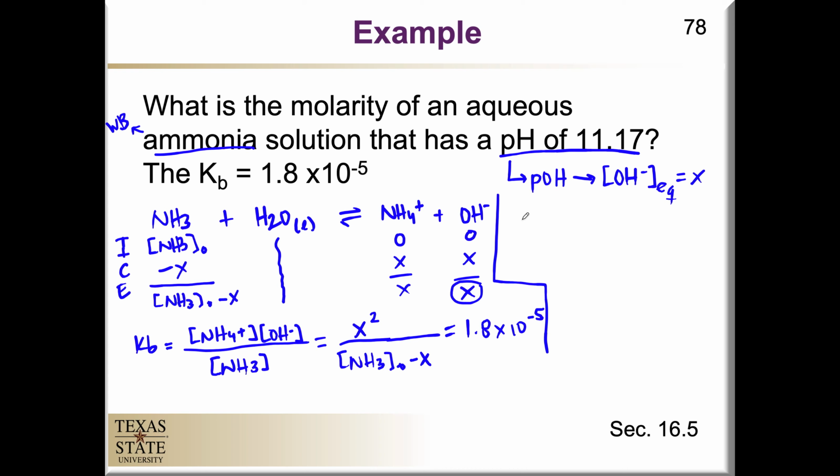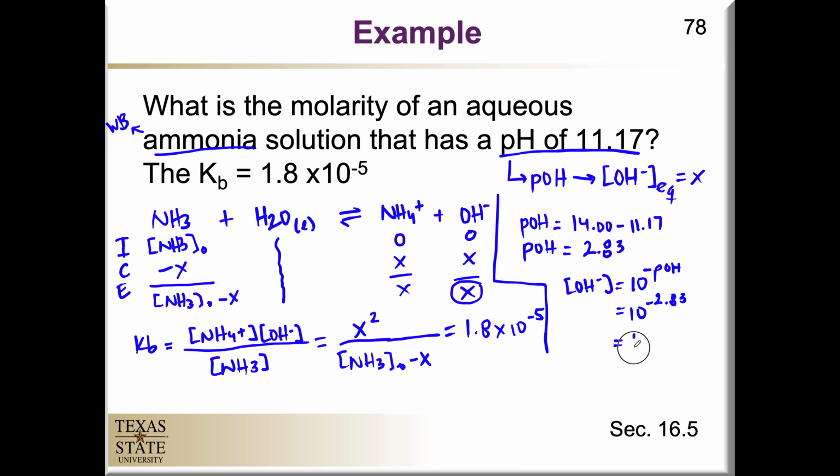We know that the pOH is equal to 14.00 minus the pH, which is 11.17. That gives us a pOH that is equal to 2.83. From there, we know that we can find the hydroxide ion concentration by doing 10 to the minus pOH, which is equal to 10 to the minus 2.83, from which we get the concentration as 1.5 times 10 to the minus 3 molar.